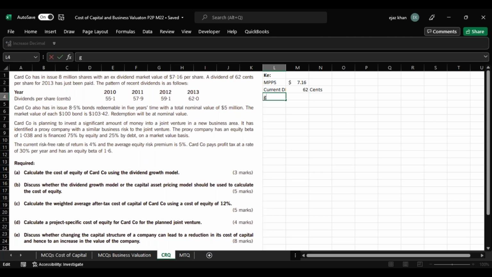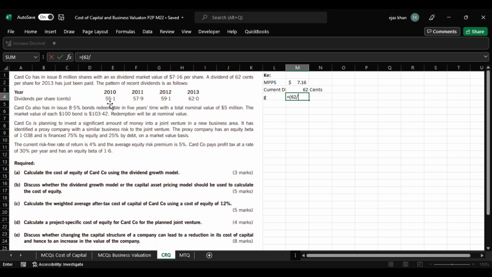As I told you earlier, we have two models to calculate growth rate. One is the compound growth rate, and the other is the Gordon growth approximation model. Here we have to use the compound growth rate, as we are provided with the historic dividends from 2010 to 2013. The latest dividend is 62 cents.